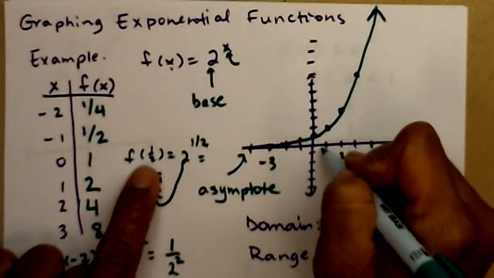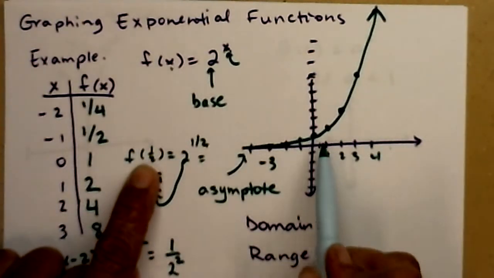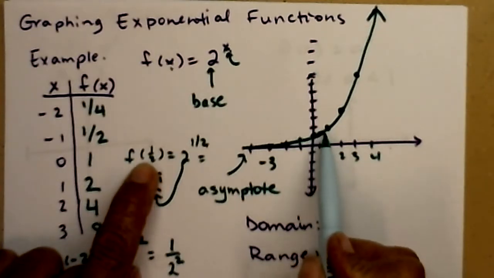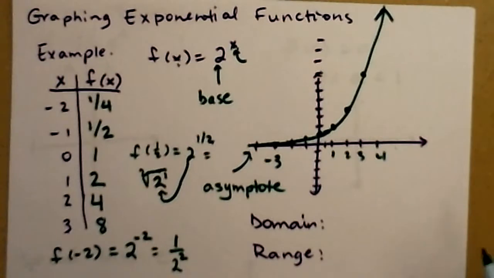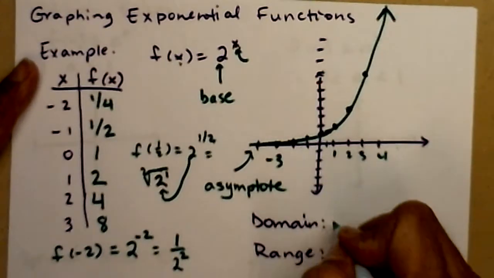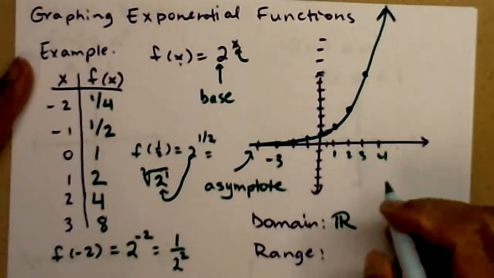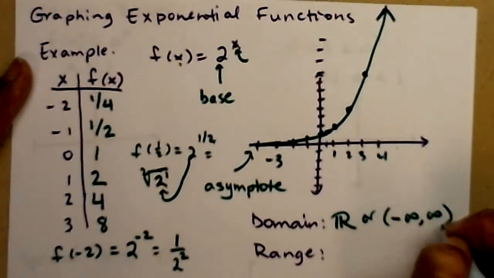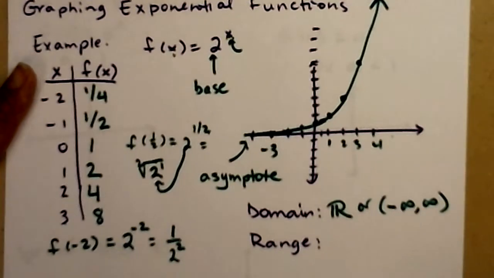So here's where x is 1/2, and the y value is the square root of 2, like 1.4-ish. Okay, so I can use positives, negatives, 0, and fractions. That domain is all real numbers. Or if you're using interval notation, remember negative infinity to positive infinity.